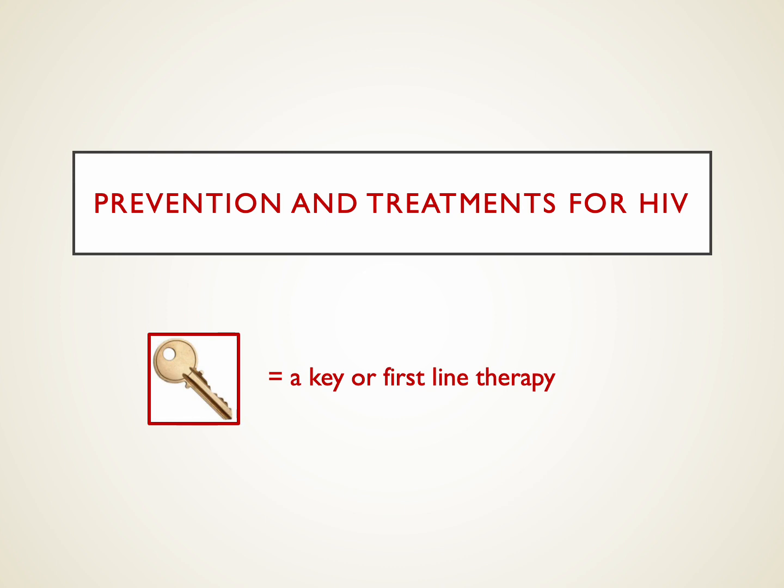And to my mind, as a clinician, particularly with your first real look at the HIV drugs, those are the agents you should look at. And in fact, you might see a key only on the combination drug product that's on the market. But we'll talk about each of the individual drugs very briefly.